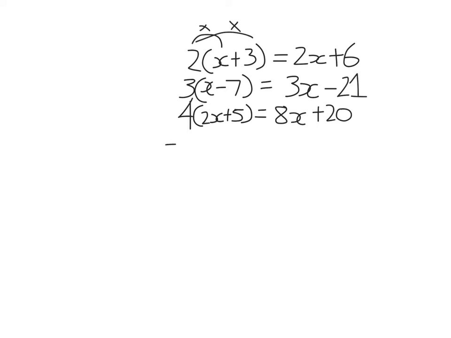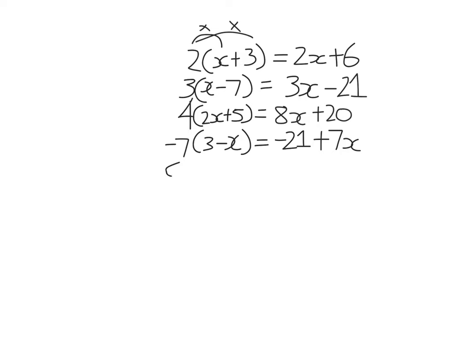It also works the same if I put negatives out the front like this. This one's a bit tricky because of the negatives, but we're still going to follow the same process. We go minus 7 times 3, negative times positive is a negative, and then we go minus 7 times minus x. Because I'm multiplying a negative by a negative, the answer's positive. So this becomes positive 7x.